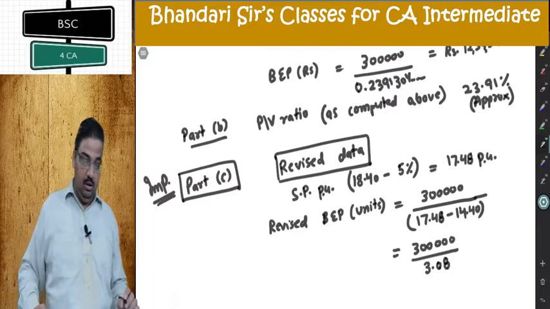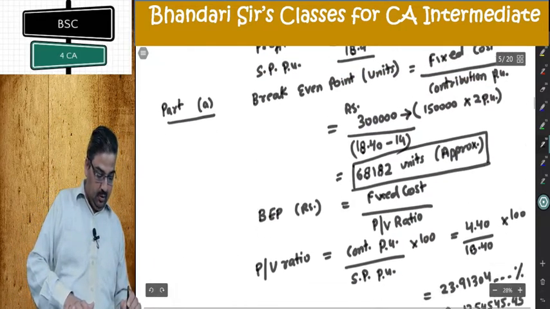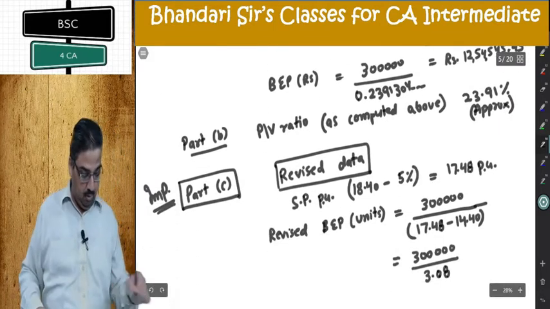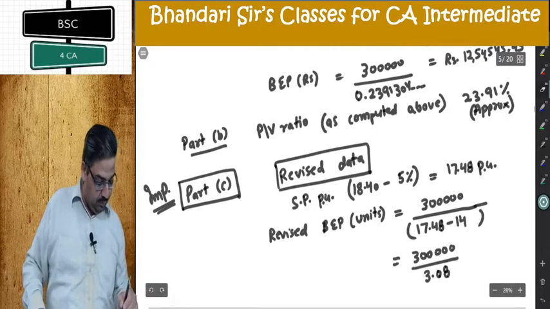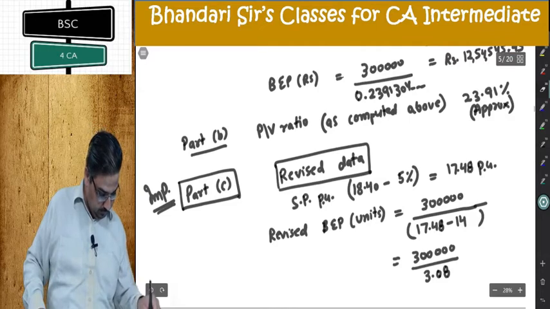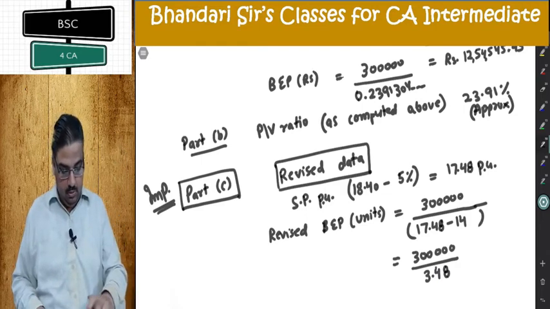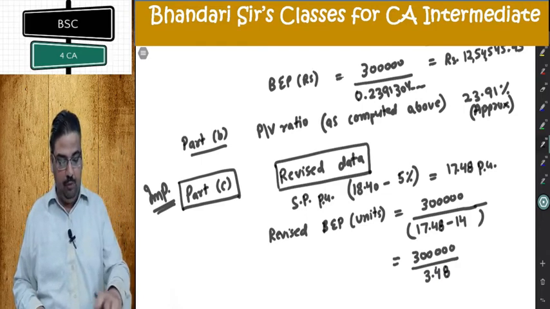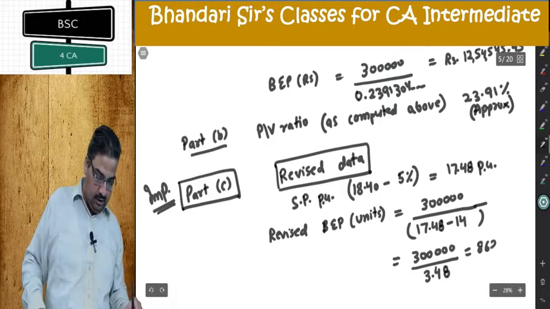Let me check, it was 14. There is a problem there. It was 14, so the denominator is 3.48. 3 lakh divided by 3.48 becomes 86,207 units.